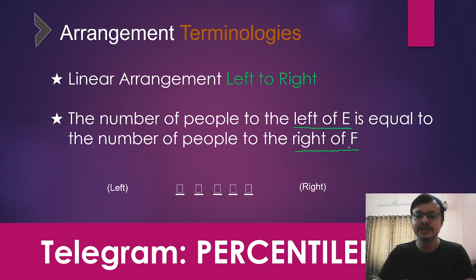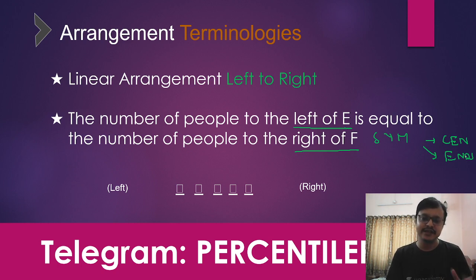That is, they must be symmetric about the center as well as symmetric about the edge. That is the only way E and F can have equal number of people to left and right. That is, left of E, the number of people is equal to the number of people to the right of F. तो ये सिनारियो देखते हैं जहां पे 5 लोग हैं.